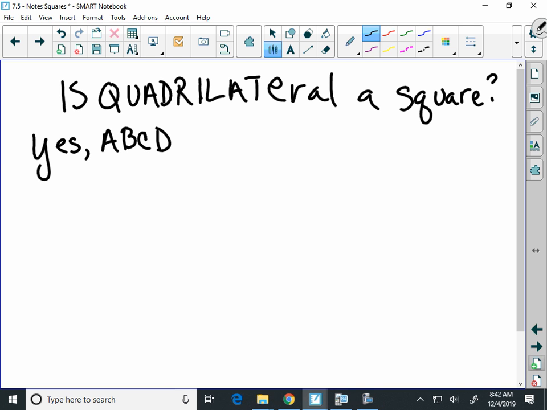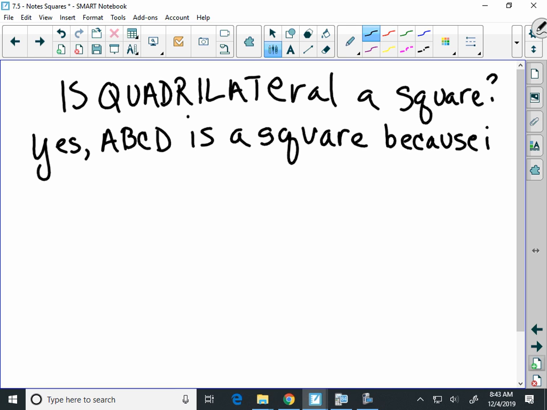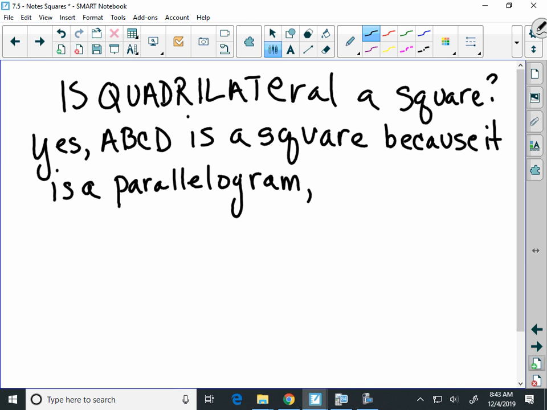ABCD is a square, because it is a parallelogram, a rectangle, and a rhombus.